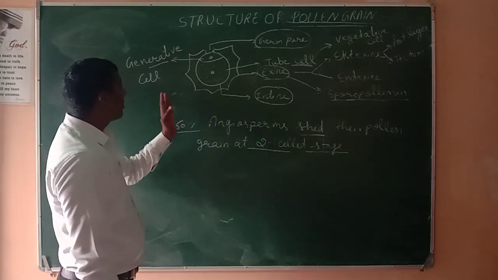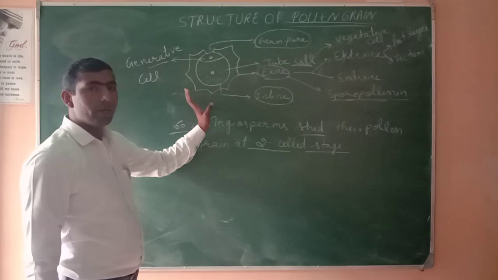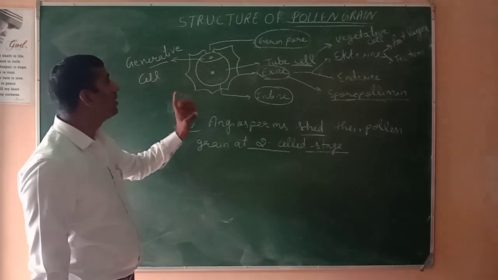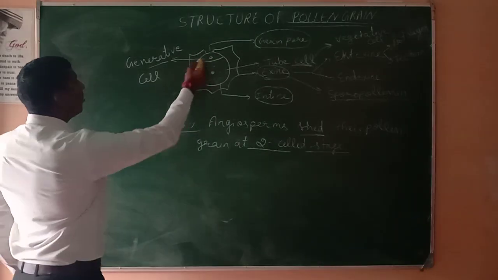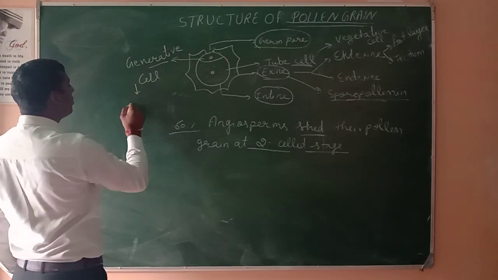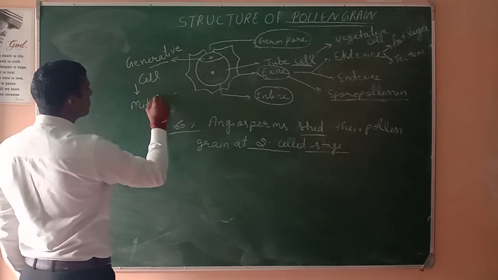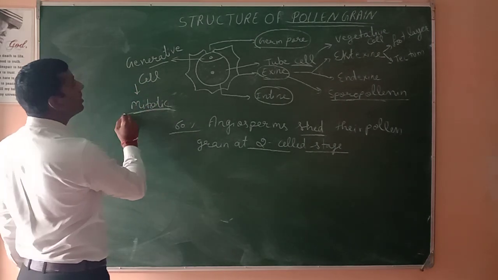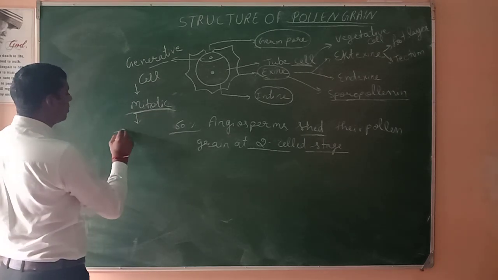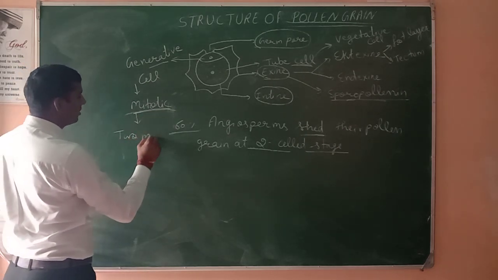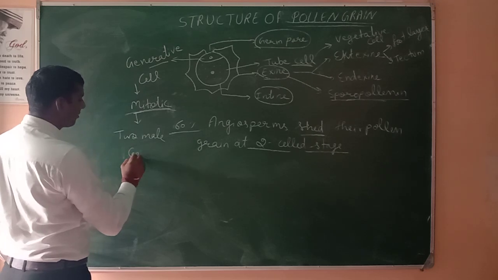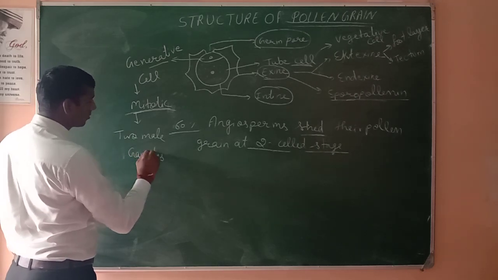After falling on the stigma, the pollen tube will arise, and the generative cell will undergo mitotic division and form the two male gametes.